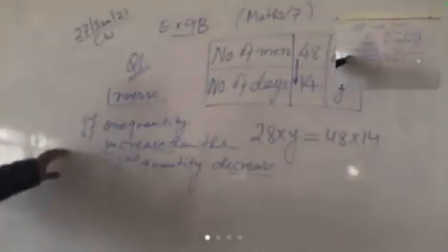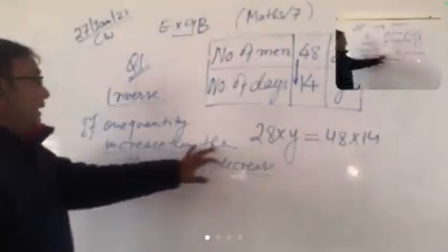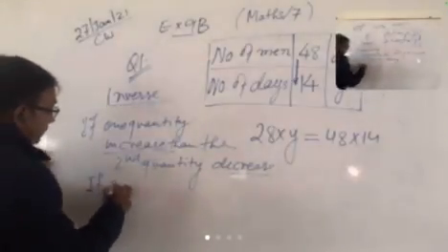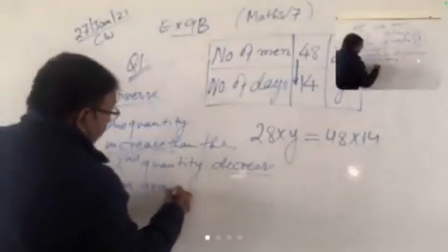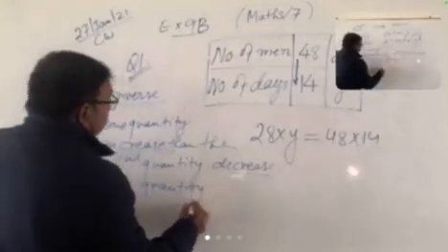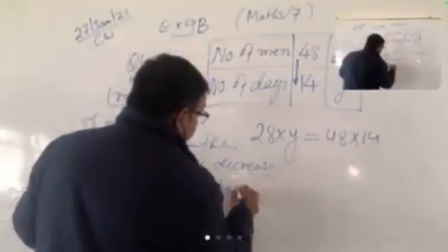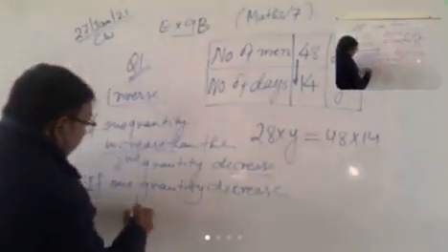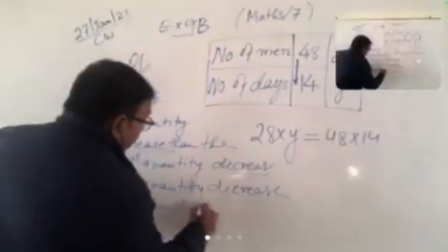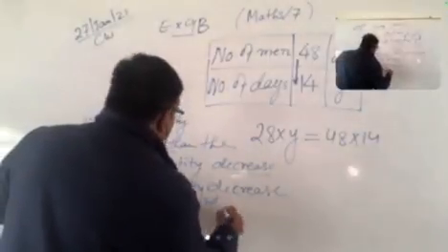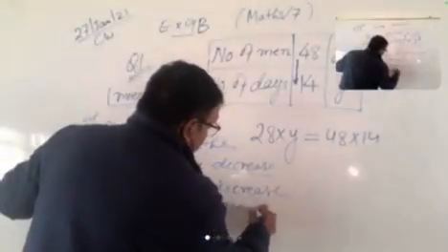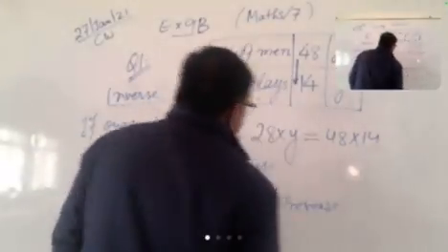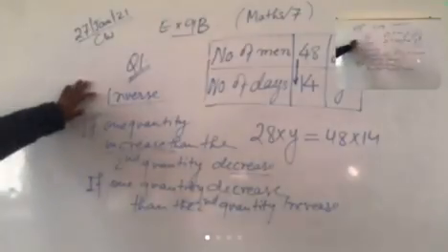If one quantity increases then the second quantity decreases, or if one quantity decreases then the second quantity increases.